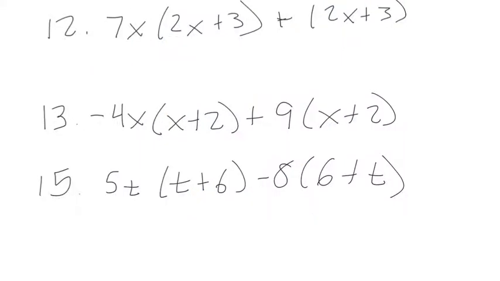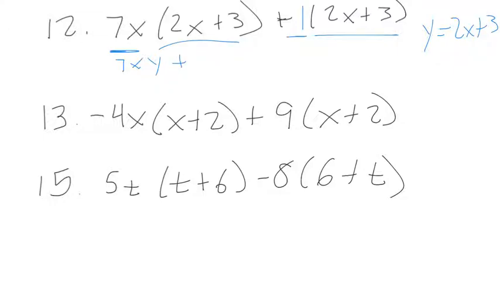All right, to factor these, notice how this binomial and this binomial are the same, aren't they? This has a coefficient, and that binomial is 7x. This has a coefficient of an understood 1. Think about this. If I temporarily say that y is equal to 2x plus 3, this would be the same as saying 7xy plus y.